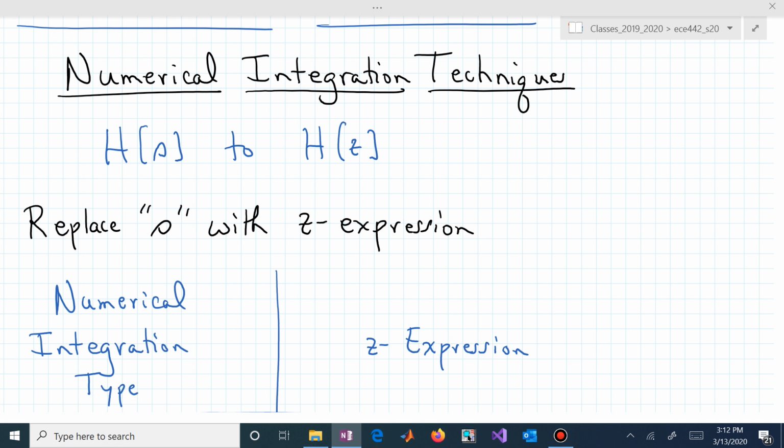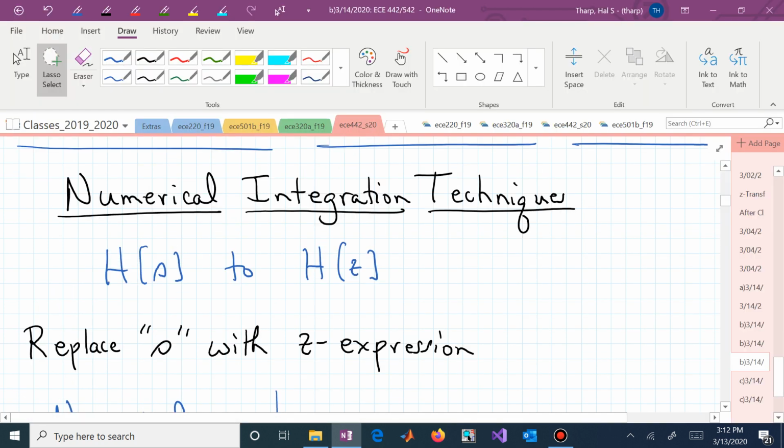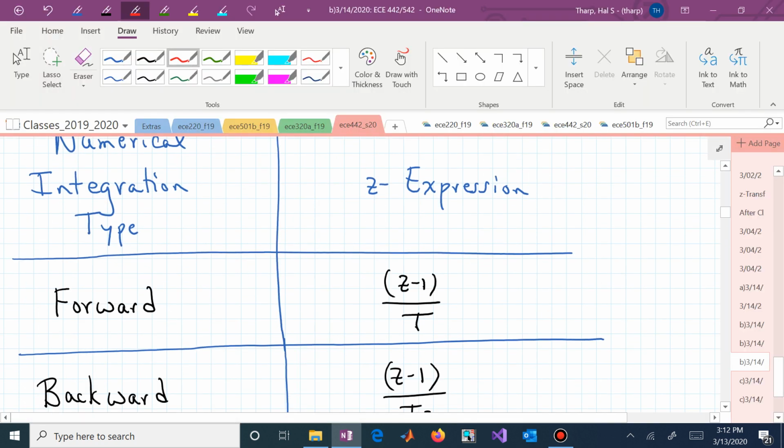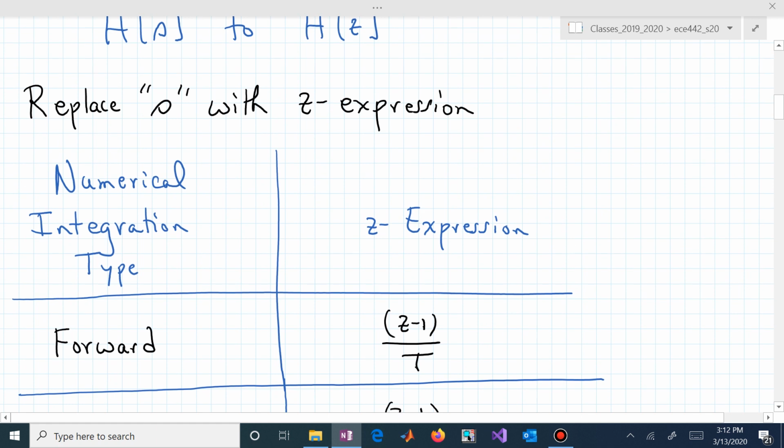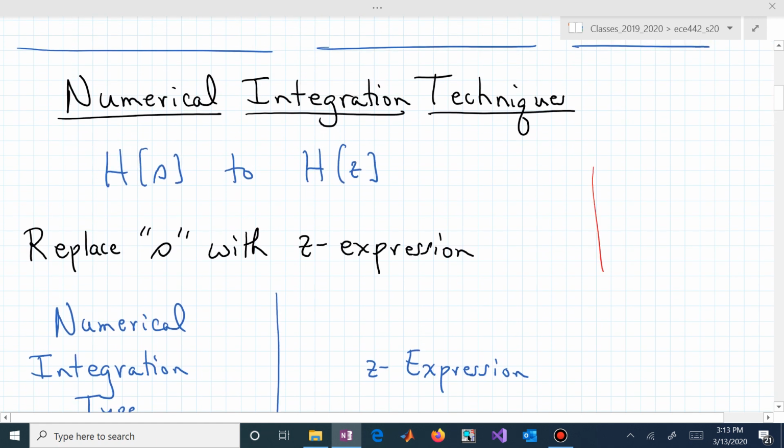That sliver of area was determined by either the trapezoidal connection, or going forward with our area, or going backward from the present time and getting this area that way.